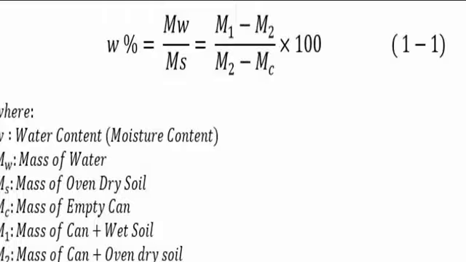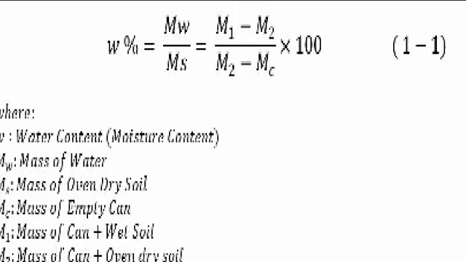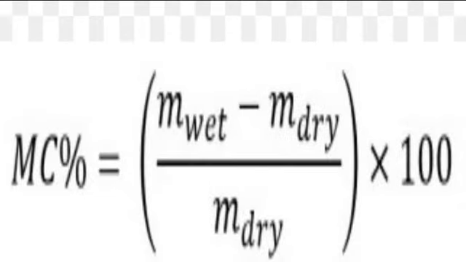Then we have the mass of oven dry soil, and Mc is the mass of the empty can, and M1 and M2 are the mass of can plus wet soil and the mass of can plus oven dry soil. So the moisture content is the mass of wet soil minus the mass of dry soil, divided by the mass of dry soil, into 100.